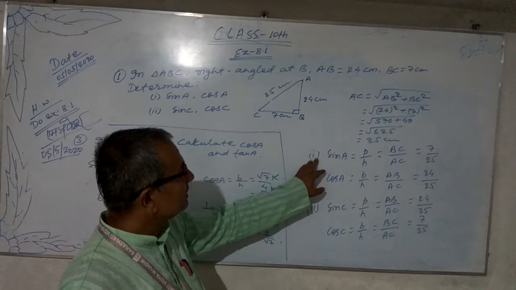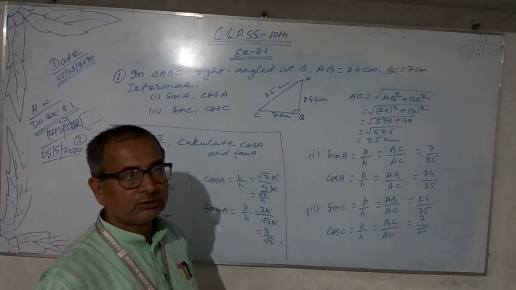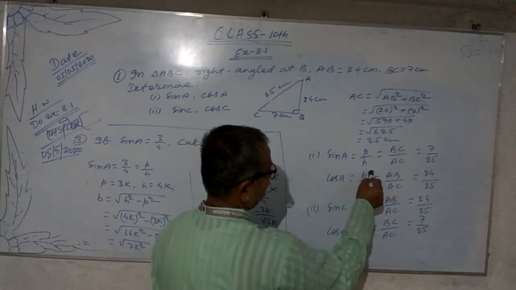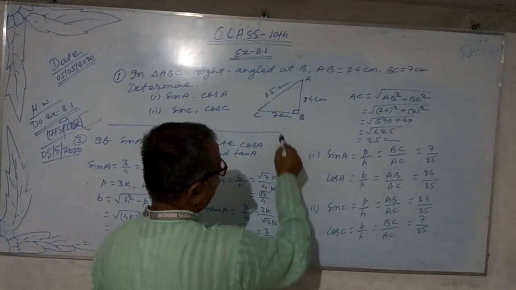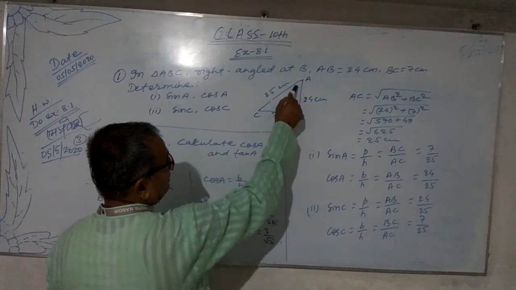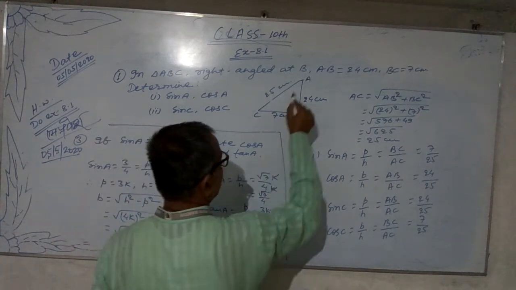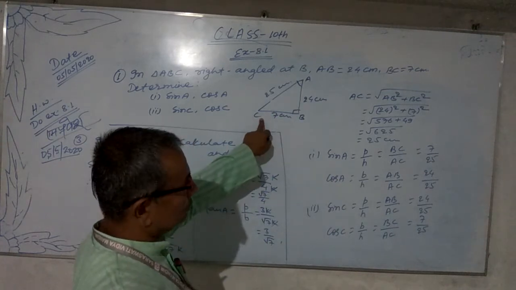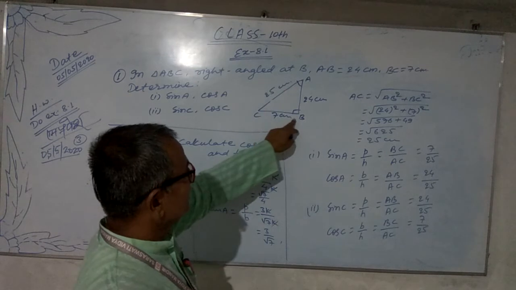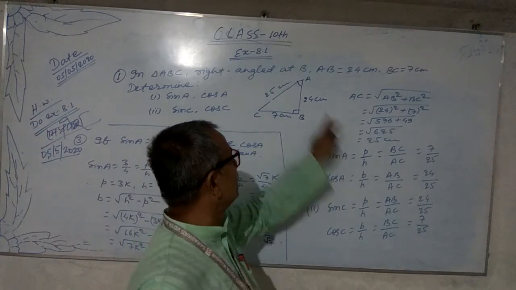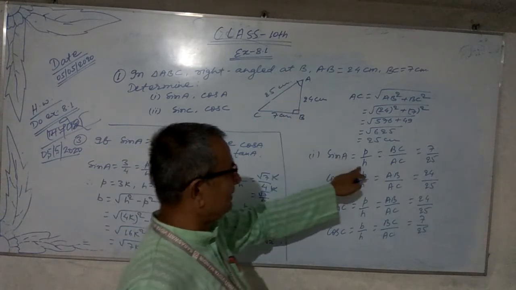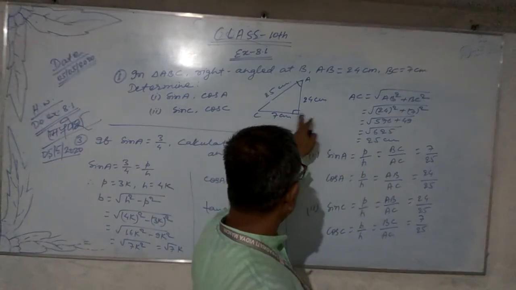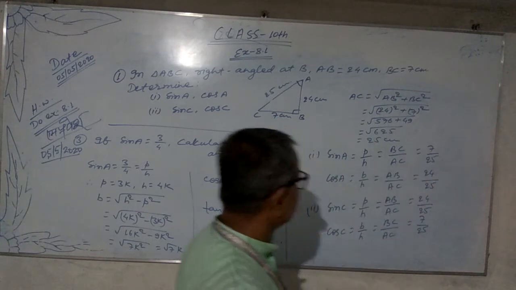That's why sin A, by using the formula sin A is P by H, for the angle A, BC is opposite to angle A, that's why BC is perpendicular, and AC is already given hypotenuse, BC by AC, therefore 7 by 25.